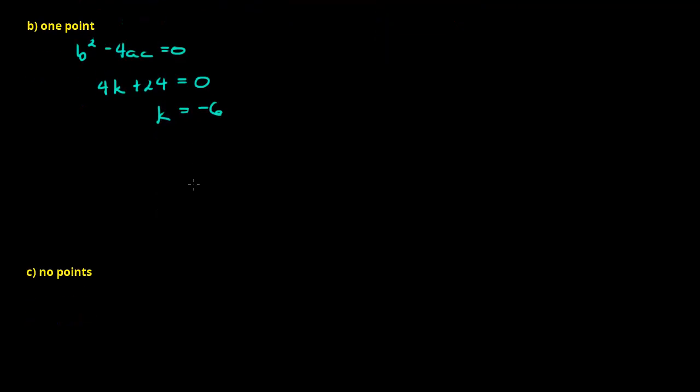And lastly, for no points of intersection, our discriminant b squared minus 4ac is strictly less than 0. Our discriminant was 4k plus 24, so 4k plus 24 would have to be less than 0.